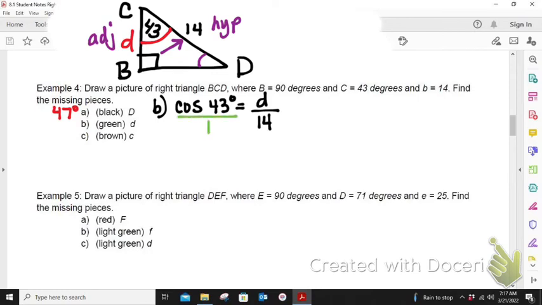I cross multiply it. So when I cross multiply, I get 1 times d, or d, equals 14 times the cosine of 43. So go ahead and type that in your calculator. Type 14 times the cosine of 43, and that will be your answer. Everything out to the thousandths place.